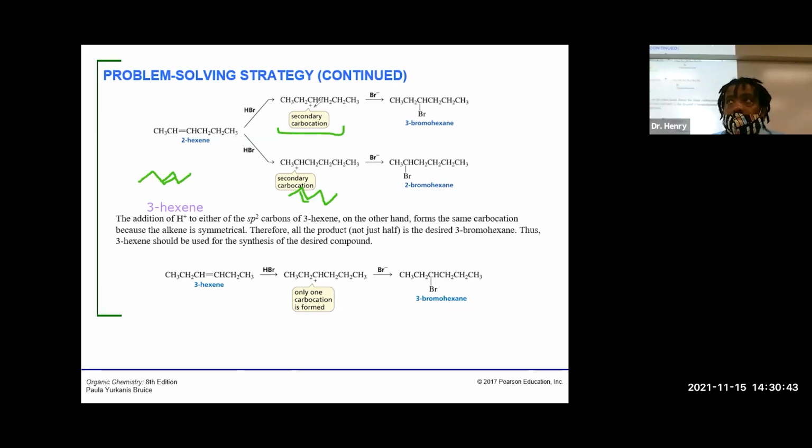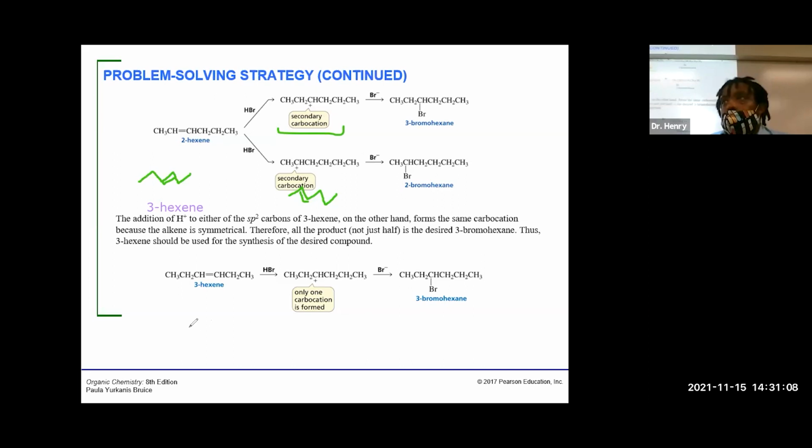It's a little more stable to have that cation located somewhere in the middle compared to closer towards the edge. So this one is favored, but it's not going to be the only product. We're also going to get this as an additional product. Make sense?